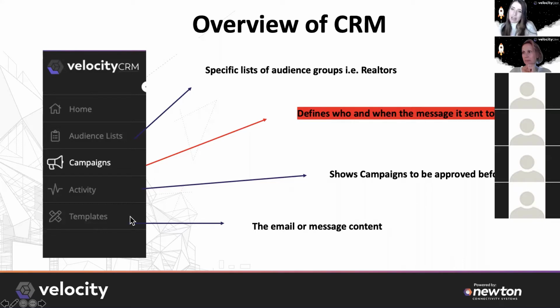They go together, right? So the campaigns need a template in order to send, and the templates need to be plugged into a campaign to be sent. The difference there is that the template is the email or the message content itself that is going out. So maybe the video, the text, the image, and the campaign is actually defining who and when it is sending.